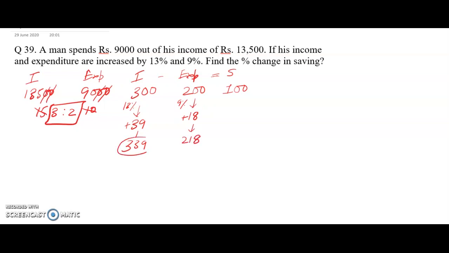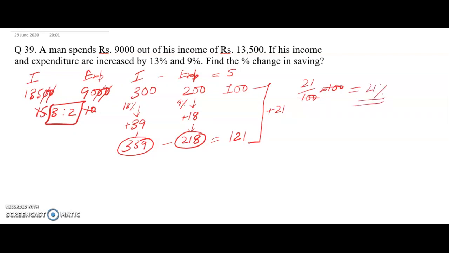So new income minus new expenditure will give us our new saving, which is 121. Now if we need to find the percentage change in saving, the saving has been increased by 21 units. So 21 divided by 100 into 100 will give us 21%. So this is our answer.